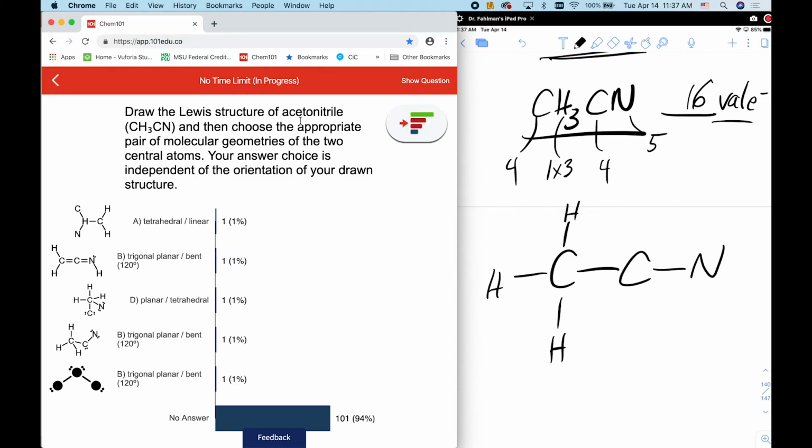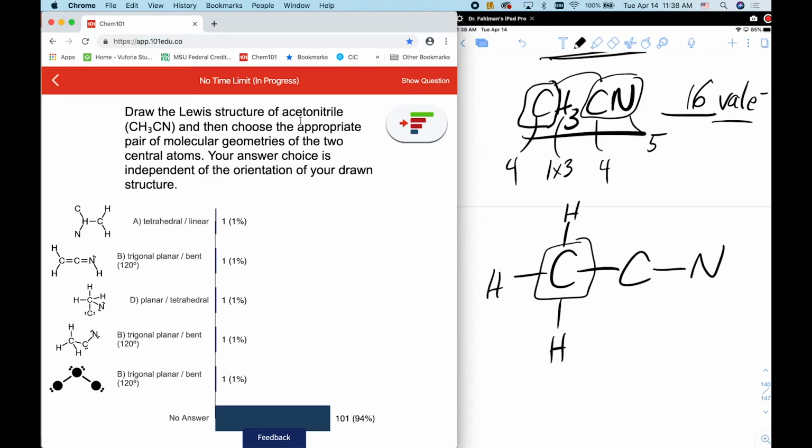On an exam, if I give you this one, I'll tell you how to rearrange the atoms in there, because this one is not so clear. Usually the one on the left is a central atom, and so it is. Then you've got 3 hydrogens, and this CN group attached to it.